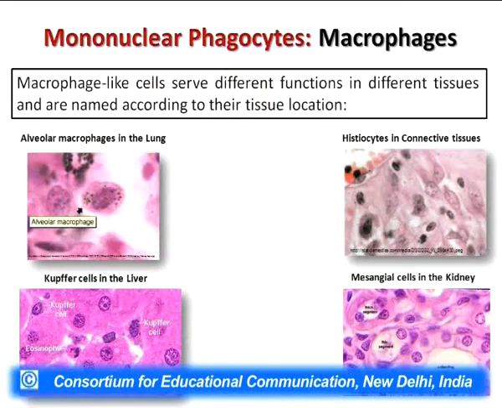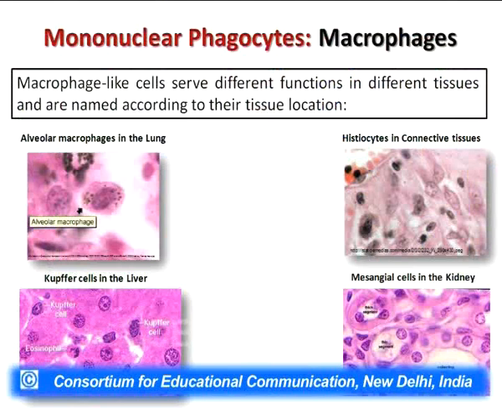Now let us look at some of the macrophages present in different tissues and serving different functions. The first is the alveolar macrophages, which are present in the lungs. Then there are macrophages in the kidney, called mesangial cells, and in the liver these macrophages are called Kupffer cells, and in the connective tissues they are called histiocytes.